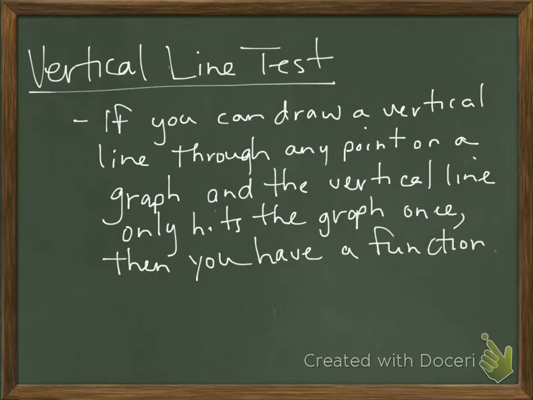All right, sorry for that inconvenience, that trouble. So if you can draw a vertical line through any point on a graph and the vertical line only hits the graph once, then you have a function. Okay? Big definition. Let me give you a visual representation of what that means.